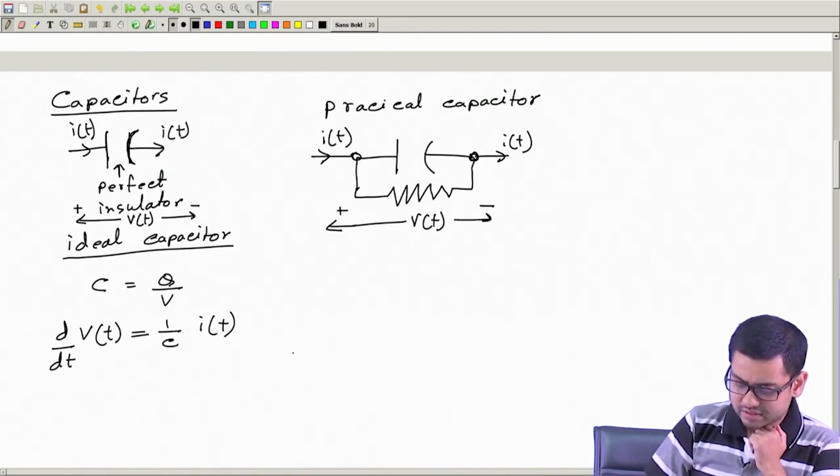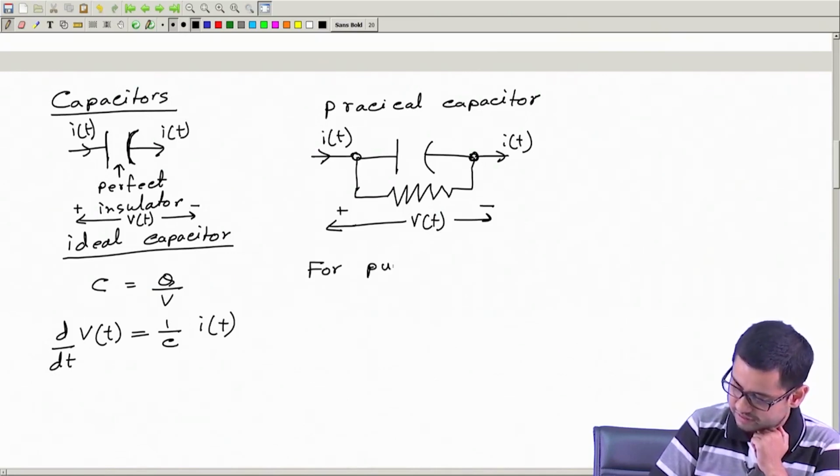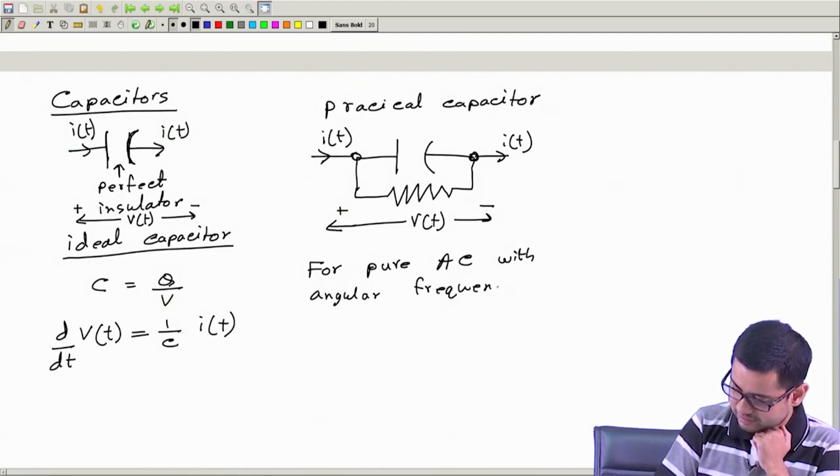And here, what is the relationship between V and I? For that, let us first find the impedance of this circuit. And let us take, for simplicity, pure AC with angular frequency omega.